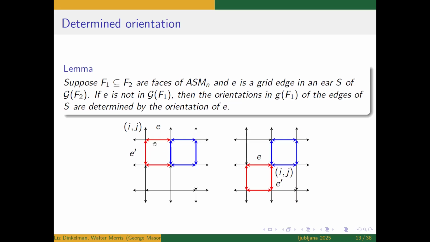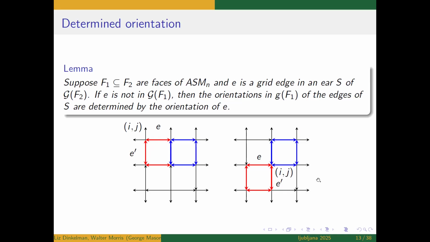I mean that if we fix edge E so that it's pointing to the right, say, then in order to stay within the confines of the 6-vertex model, the edge to the right of little e must also point to the right, and other edges get fixed also.